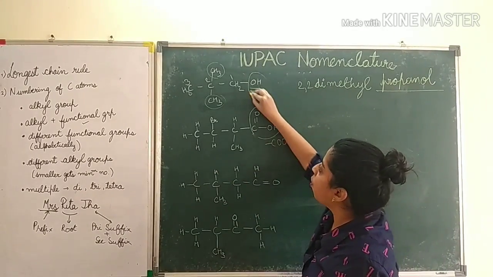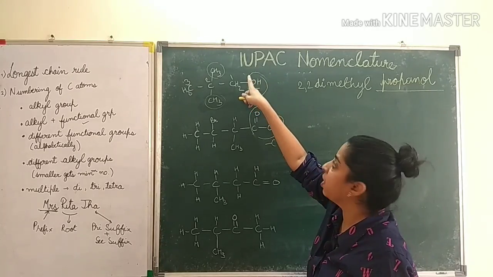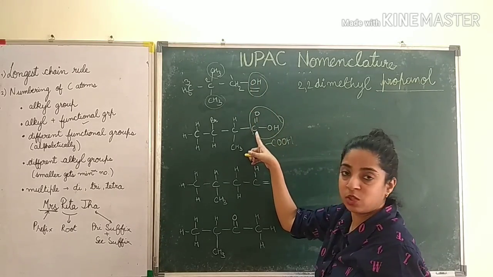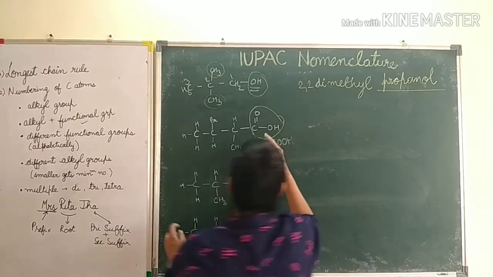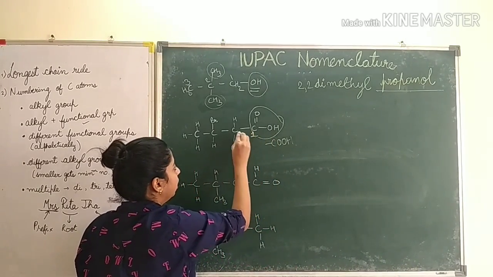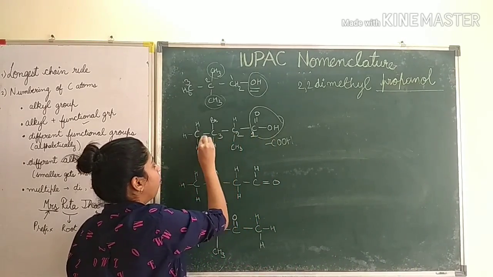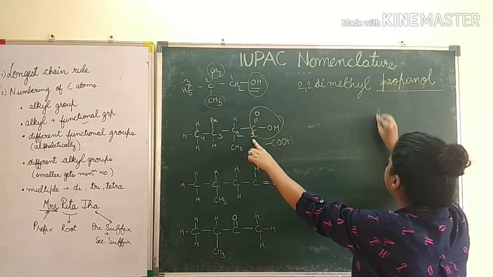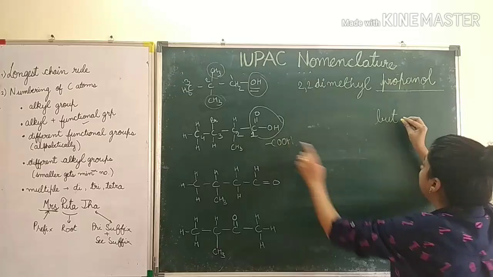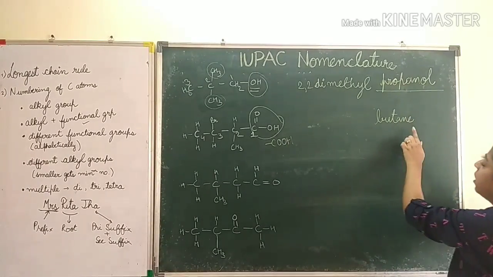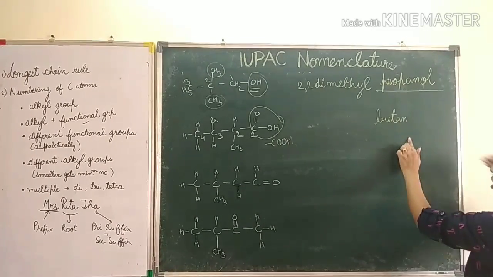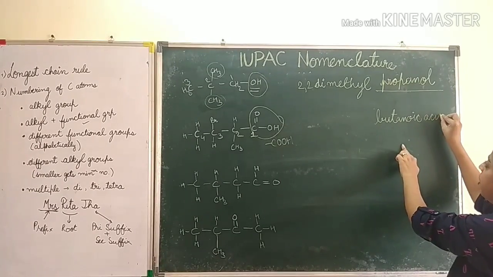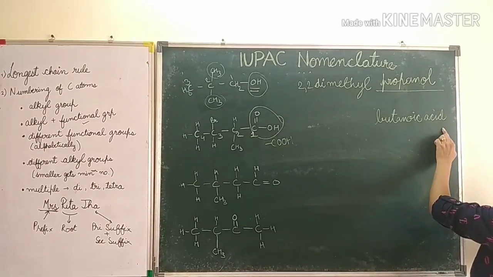See here, in OH we did not start counting from here because there is no carbon, but in this functional group the carbon is already there, so you will start numbering from here. So 1, 2, 3, 4. So there is but, single bond so butane, then I will remove this e and write oic acid for carboxylic acid. So this is butanoic acid.